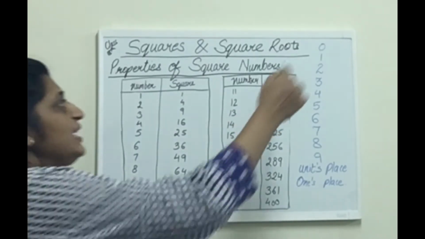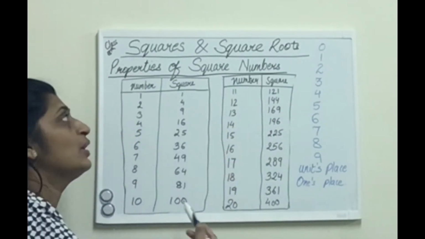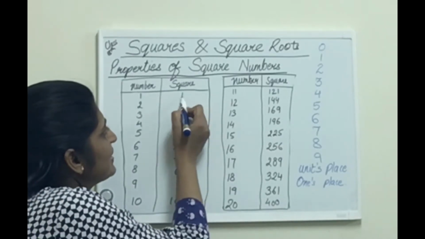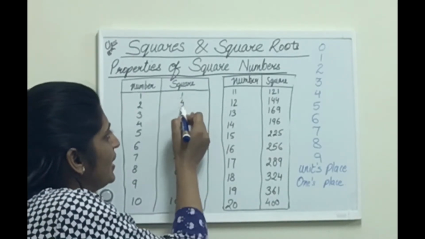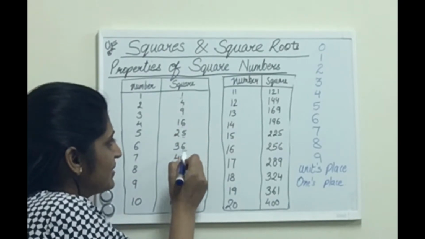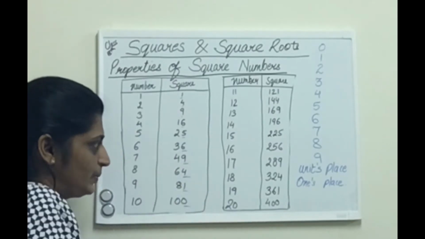Look for 0 to 9 in the unit digit of the square numbers. So in this, it is 1, it is 4, it is 9, it is 6, it is 5, it is 6, it is 9, it is 4, it is 1, and it is 0.